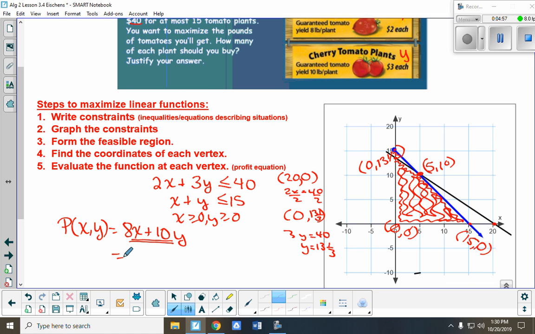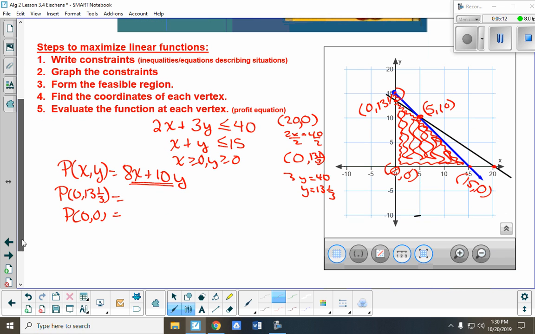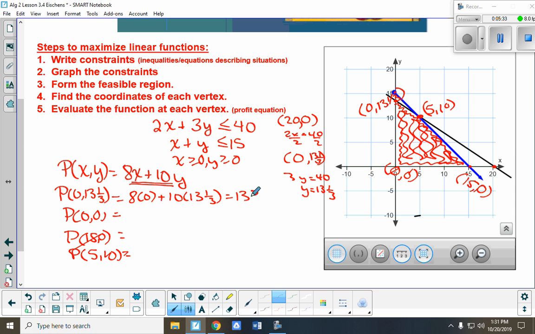So we'll substitute in those values, those coordinates, 0, 13 and a third, 0, 0, 15, 0, and 5, 10. And so 8 times 0 plus 10 times 13 and a third would be 133.